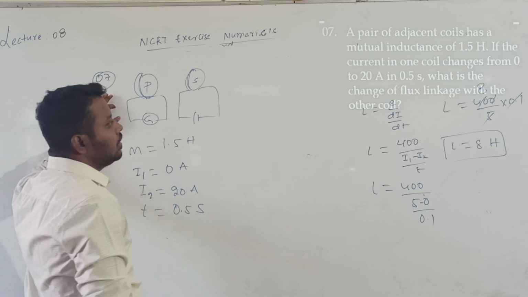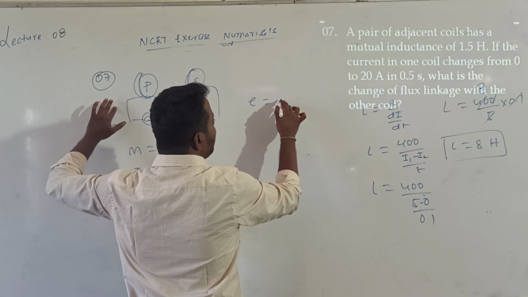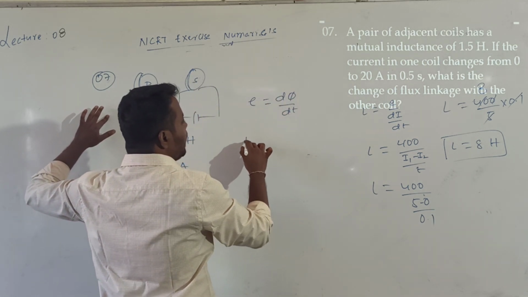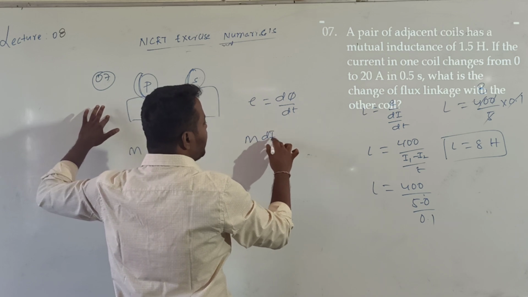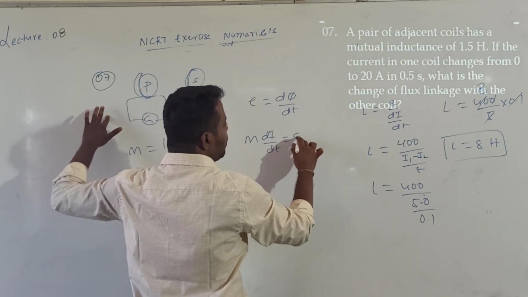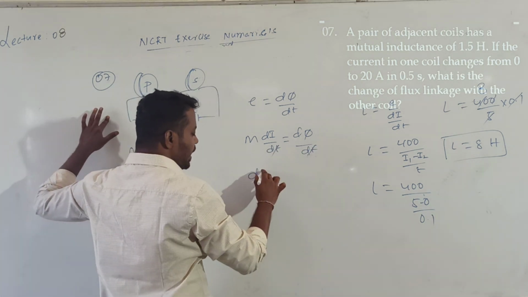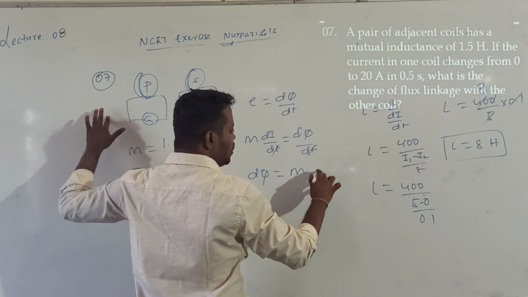So what is the induced EMF formula? E is equal to d phi by dt. So E can be written as M into di by dt, which is equal to d phi by dt. Cancel dt, then d phi is M into di.